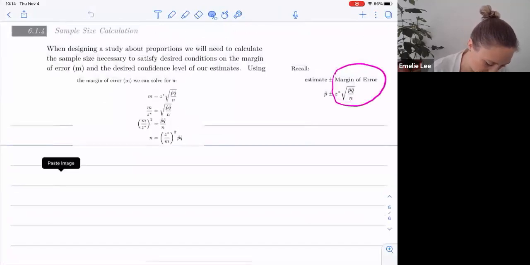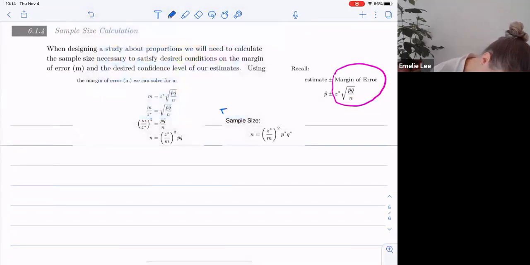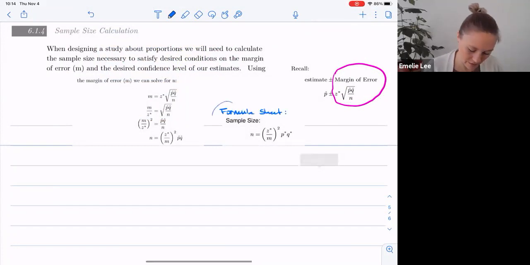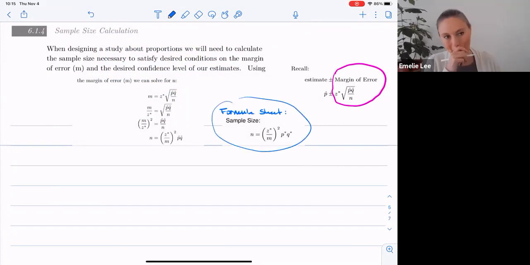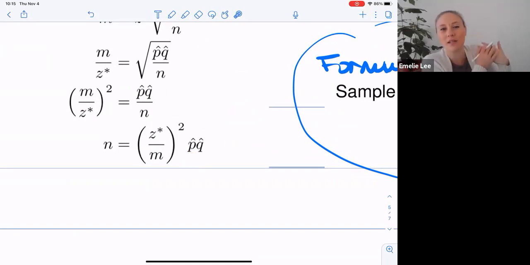So what we find is we're on the formula sheet, right? We have this. Notice the difference here is P star Q star. Now, remember, this is before we collect a sample.